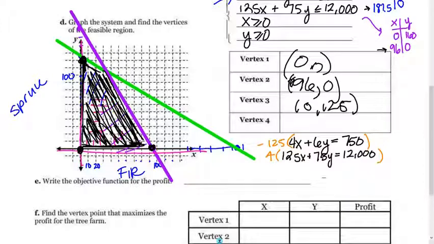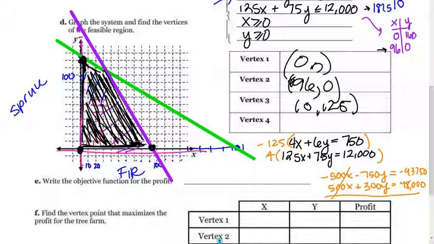You should be calculating these. So I get negative 500x minus 750y equals negative 93750. You do not have to choose the same multipliers as me. You might choose something completely different, as long as in the end we get out what we came for and finding the answer. So when I do those, my x's go away.